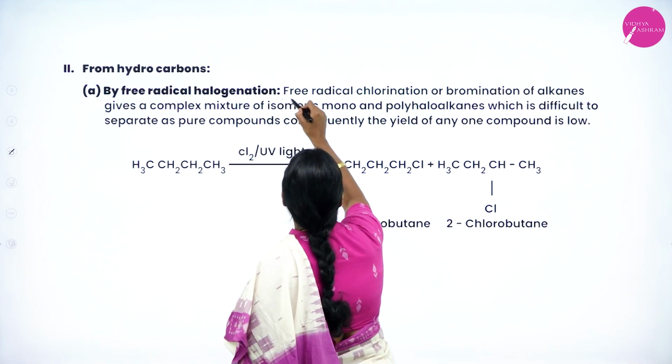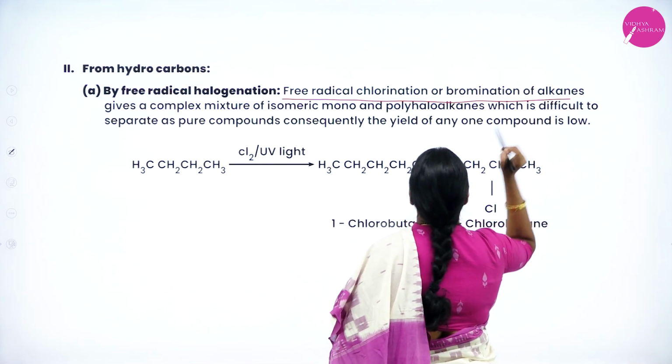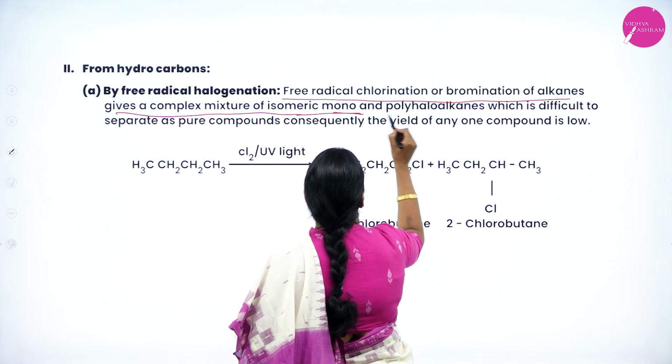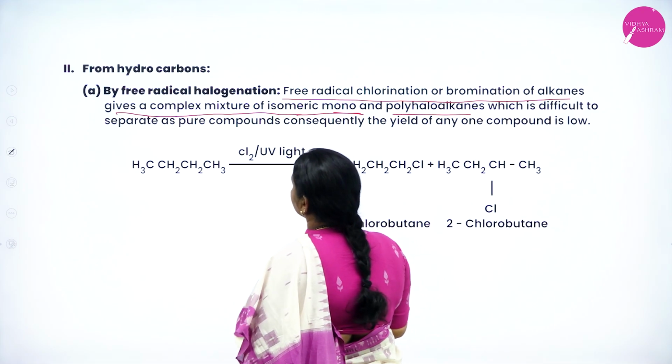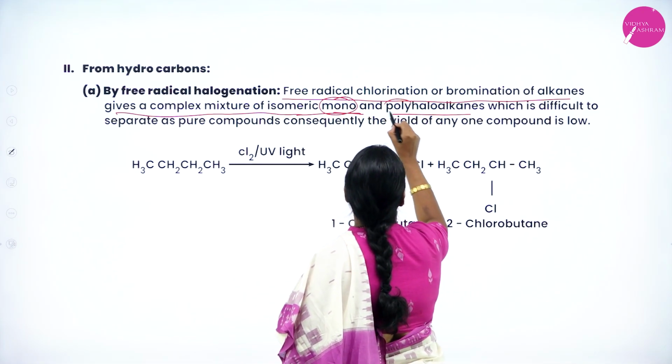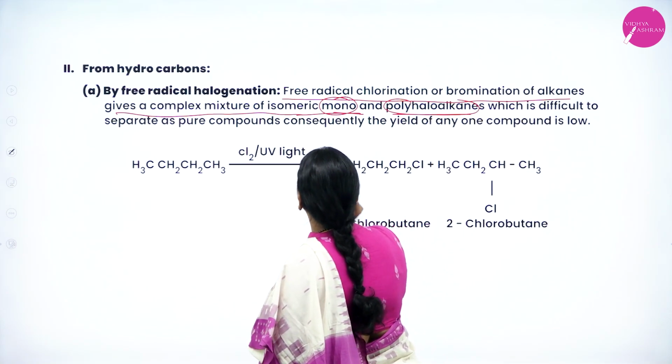Therefore, here free radical chlorination or bromination of alkanes gives a complex mixture of mono and what? Polyhaloalkane. When mono and polyhaloalkanes are formed, the separation is very difficult.